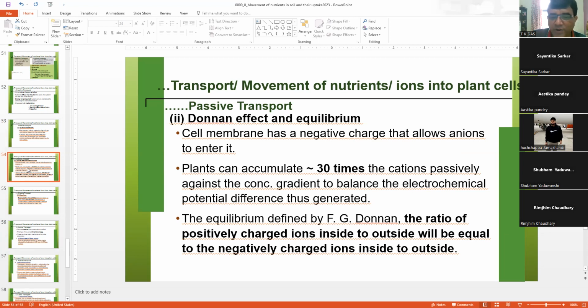Plants can accumulate about 30 times more cations passively, against the concentration gradient, to balance the electrochemical potential difference thus generated. The equilibrium was defined by F. G. Donnan. What is the equilibrium? The ratio of positively charged ions inside to outside will be equal to the ratio of negatively charged ions inside to outside.